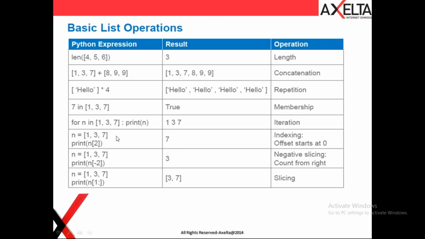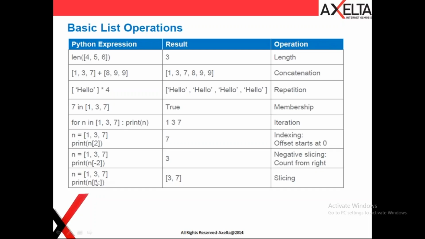Hello? That's it. For the slice operator, a few things need to be considered. Suppose I am giving the starting index and not the ending index. Then you can access the list till the last element. This is one case. In the other case, you are not giving the starting index but you are giving the ending index.